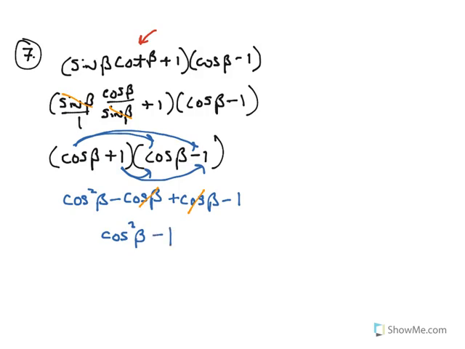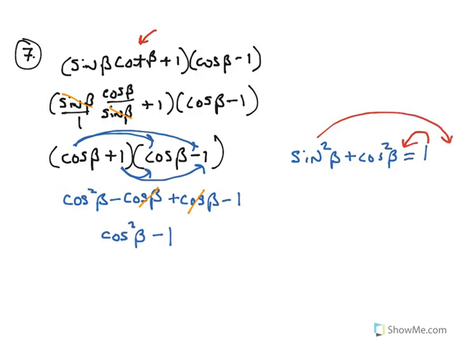And if we look at our Pythagorean identity, sine squared plus cosine squared is always 1. How could we get this original identity to kind of match up with what we have? We have a negative 1, so we're going to have to bring our 1 to this side, and then we can subtract our sine squared to the other side.